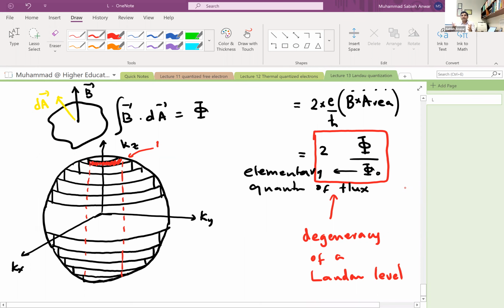No k points are allowed between the tubes, and the number of points, which is given by the degeneracy, all coalesce onto a particular Landau tube. So the structure of k space becomes totally different from what it was in the absence of a magnetic field.